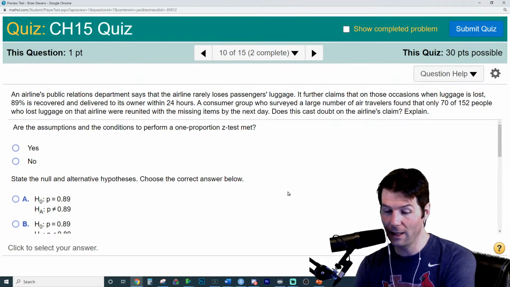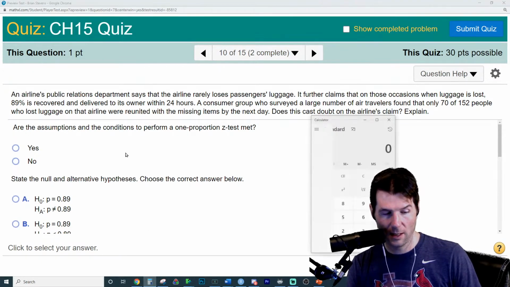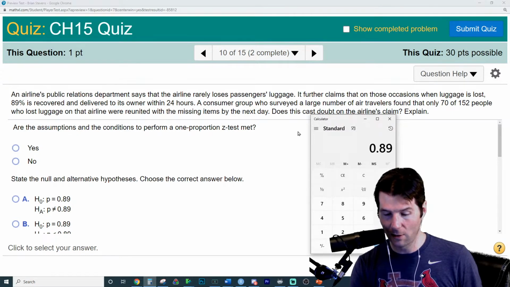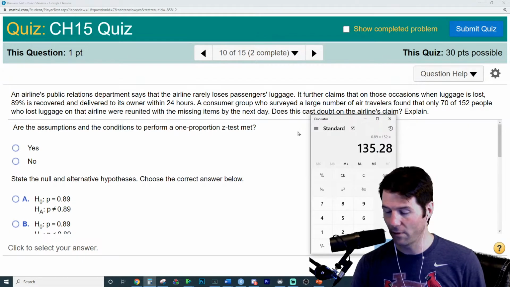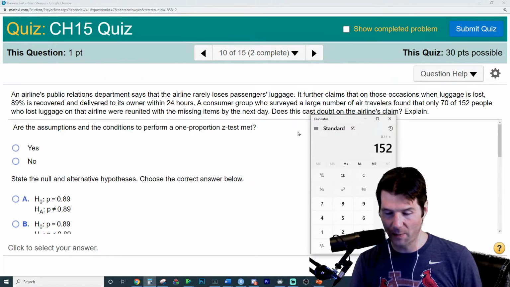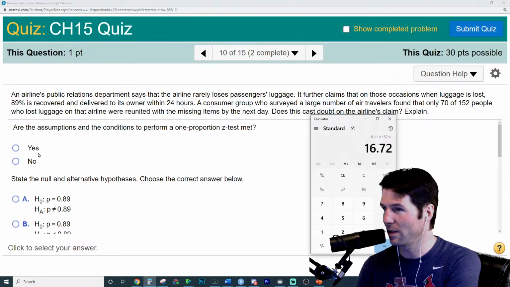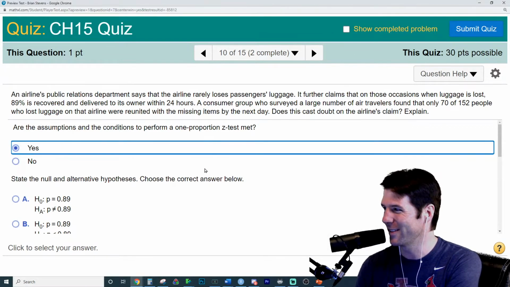And we need there to be at least 10 successes, at least 10 failures. And so with 89% as the null, that would mean we'd expect 135. And then we would take Q naught and times it by this. That's n p naught and n q naught. And yes, the conditions are met. There's at least 10 successes, at least 10 failures.